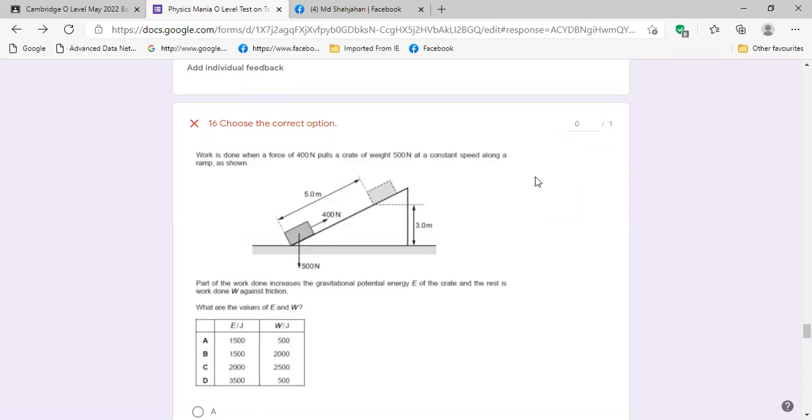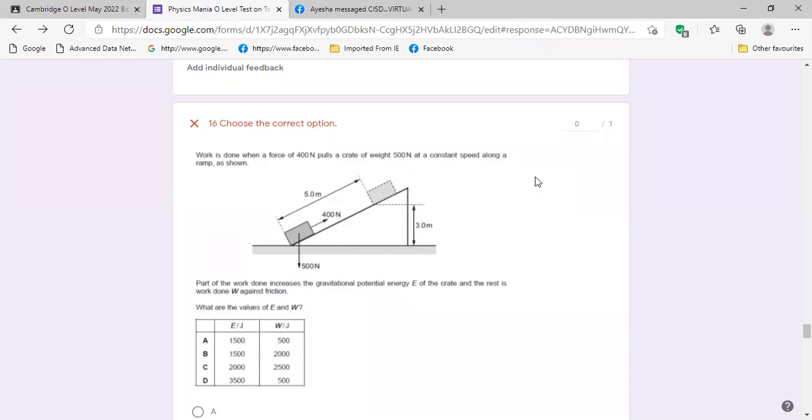Wait. When you are taking the vertical height and you are calculating work done against the gravity, should you take the driving force or you should take the weight? All vertical forces. So it's about the weight, right? It's against the gravity.